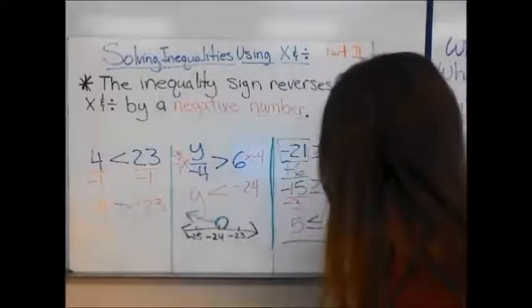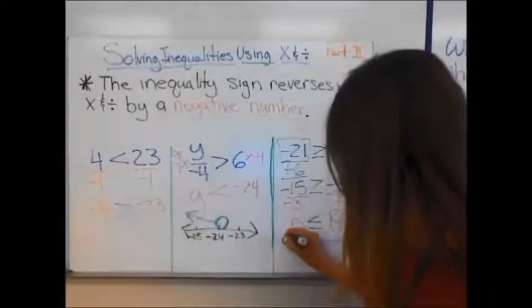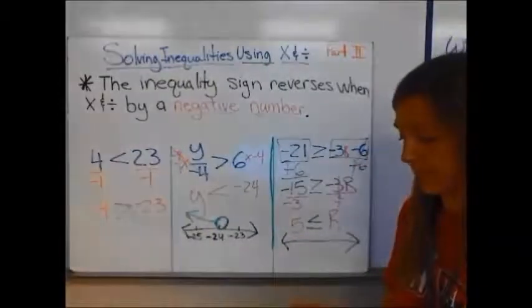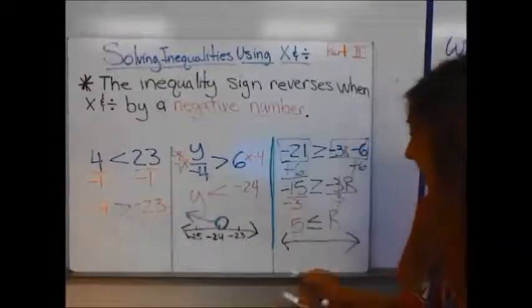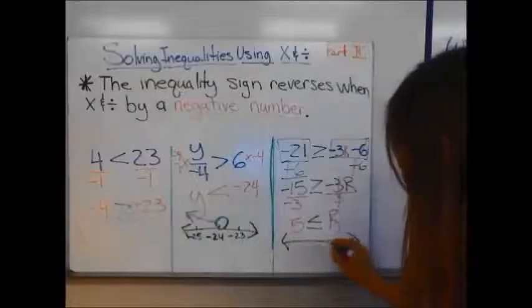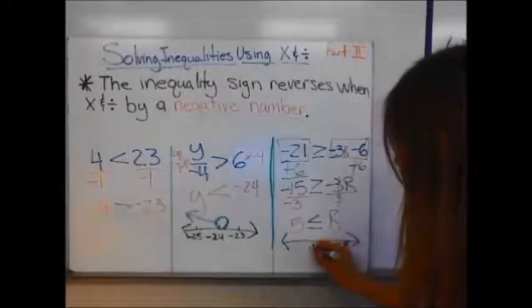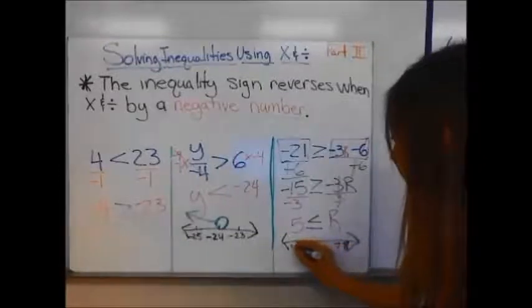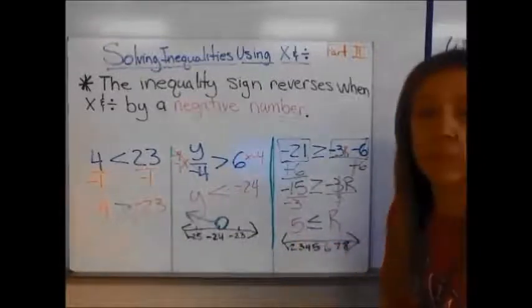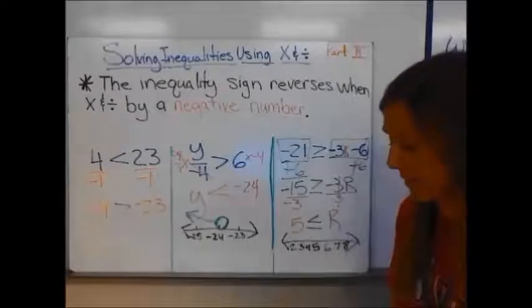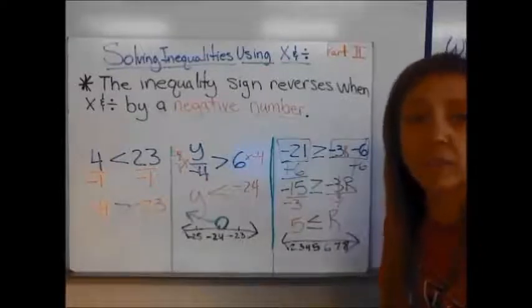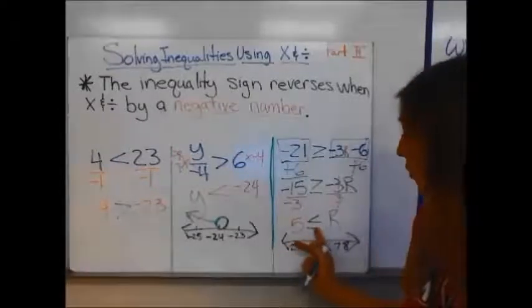So let's graph it on a number line. I'm going to put 5, 6, 7, 8 on the number line, and 5, 4, 3, 2 on the number line. Numbers that are greater than 5, numbers that are less than 5. I'm going to have a closed circle because of the or equal to.